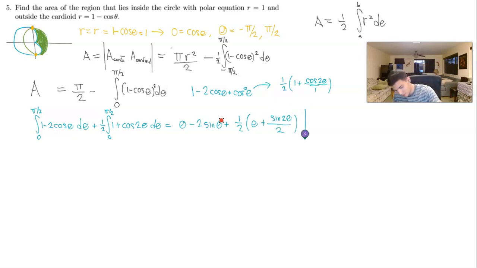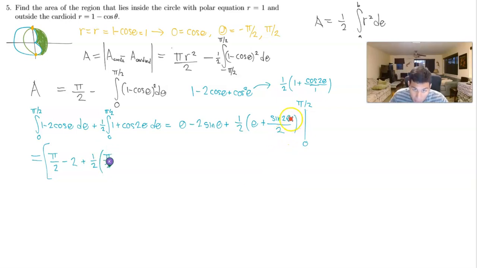And all of this is being evaluated from pi over 2 to 0. So what does that become? We'll find out. Okay, so you put pi over 2 in everywhere. We'll get pi over 2 minus 2 sine of pi over 2, which is 2, and plus 1/2 of pi over 2.